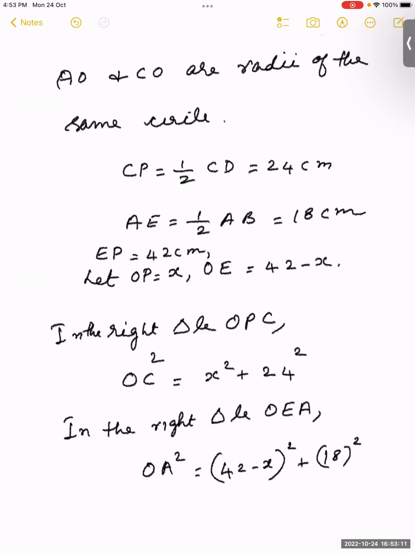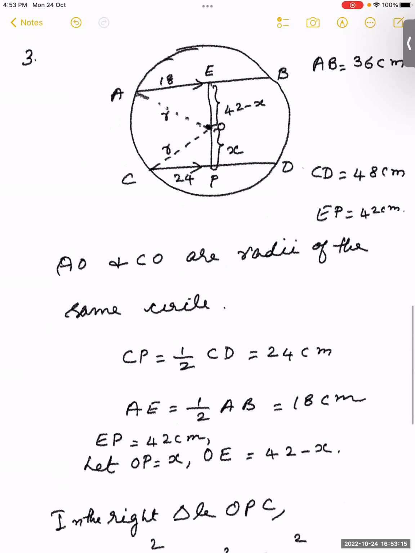Do you agree with this? Both are right triangles. I want to find the radius of the circle. One side is 42 minus x and the other side is 18. So how will I find OA? 42 minus x the whole square plus 18 square, because it's a right angle triangle.